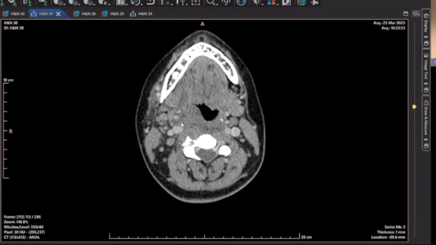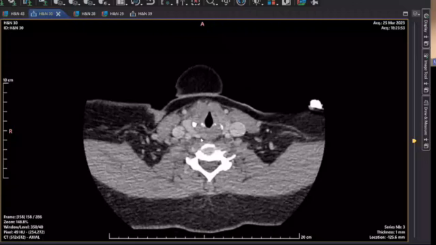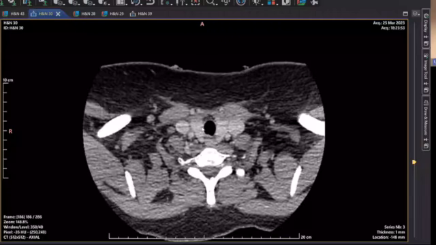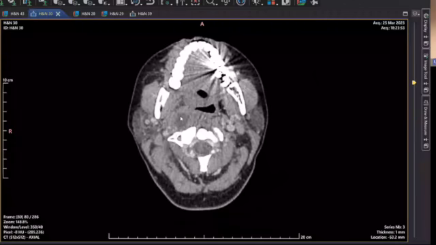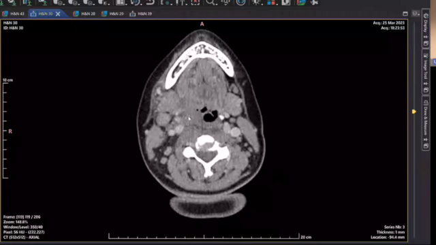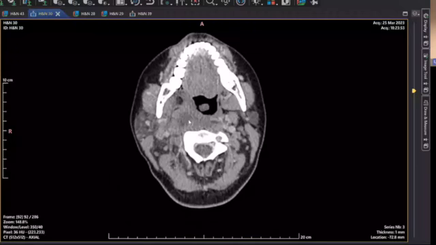There's stranding down the oropharyngeal wall, and you can see the stranding in the retropharyngeal space going down, and you'd want to follow it all the way down in that space and make sure that you don't have mediastinitis, which you don't have in this case, but that's what you want to make sure, that there isn't inferior extension. So this is a suppurative lymph node. It's difficult to say where the infection originated here. There's a lot of stranding in the pharynx, so maybe it was pharyngitis, although that could just be reactive from the retropharyngeal abscess or suppurative lymph node.